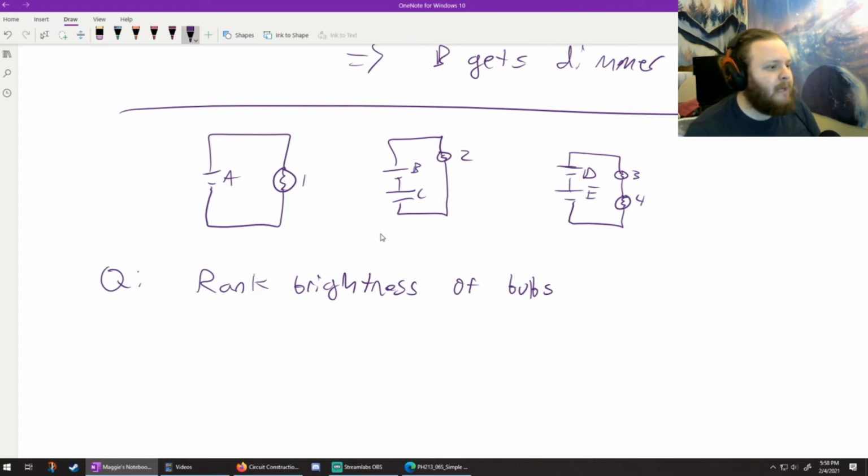So here, for light bulb 1, I'm going to go across one of my voltage sources and drop however much that is across light bulb 1. So however much is coming out of the battery is exactly the amount that 1 drops. So at the very least, 1 has a delta V. I'm just going to tabulate delta V's over here. 1 has 1 delta V.